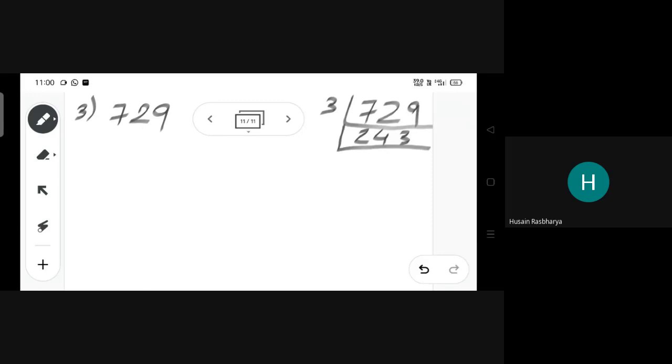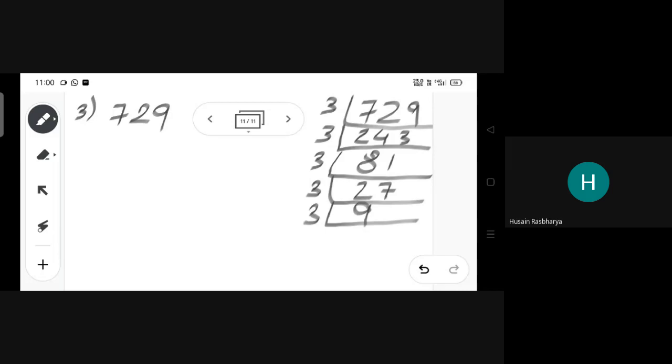Again, 243 is divisible by 3, and we get 81. Again, if we divide 81 by 3, we get 27. And 27 is again divisible by 3, we get 9. Again, if we divide 9 by 3, we get 3. And 3 is divisible by 3, we get 1.